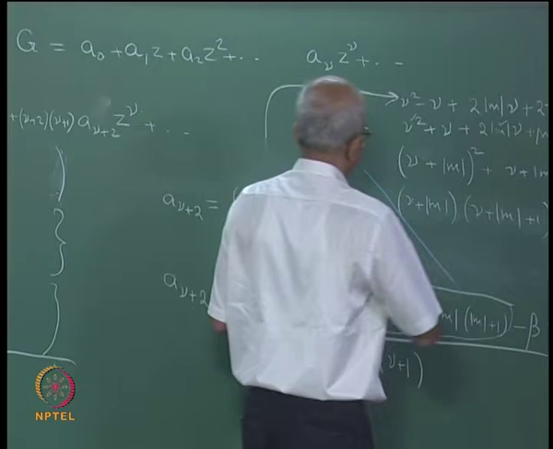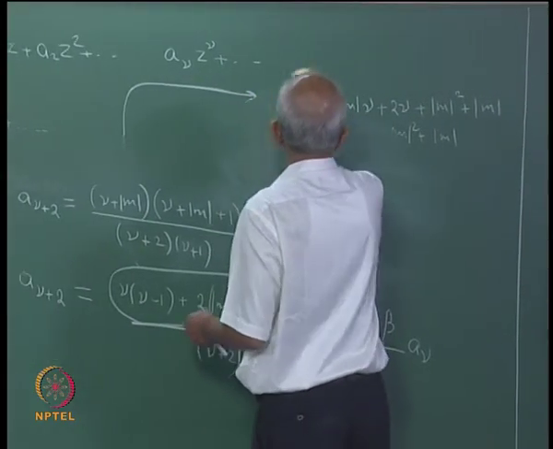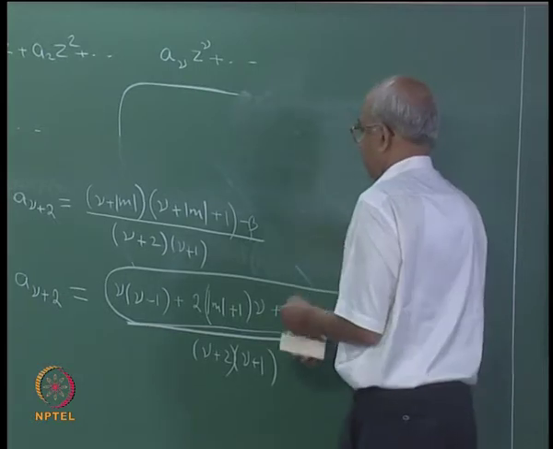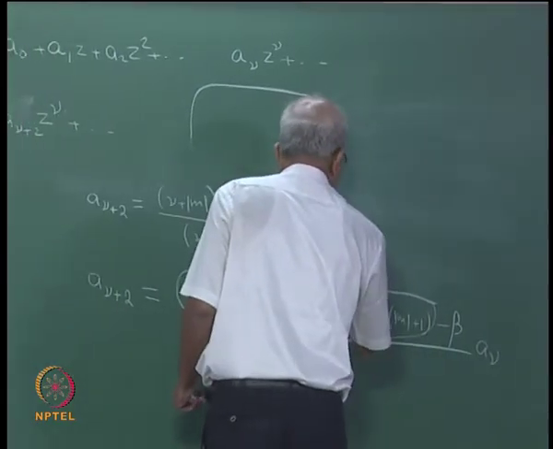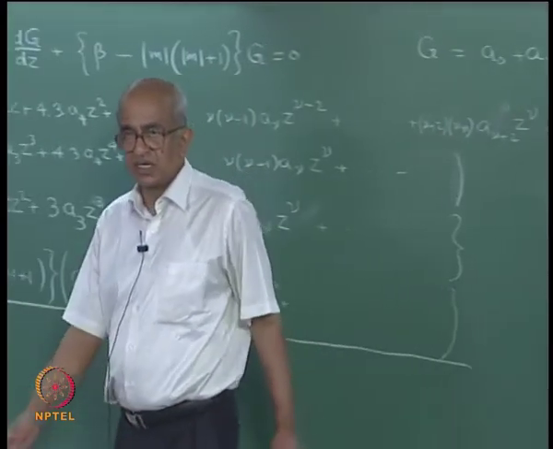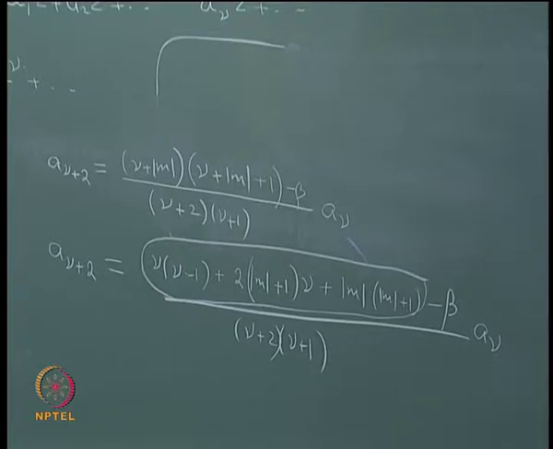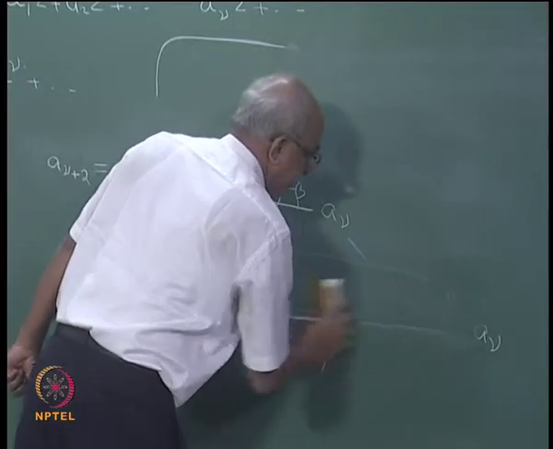Maybe I should rub off this part because I do not need this anymore. So, that is the recursion relationship that I get after all these simplifications, and therefore, let me just remove this also, because ultimately this is all that we need.